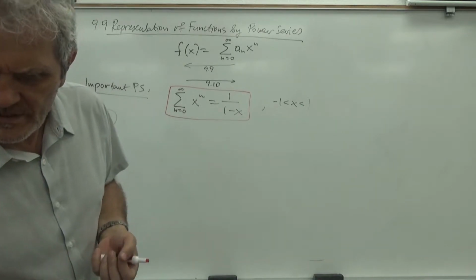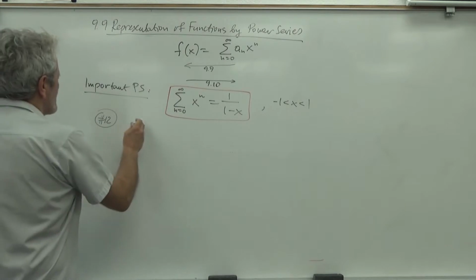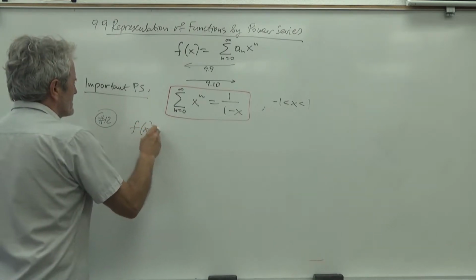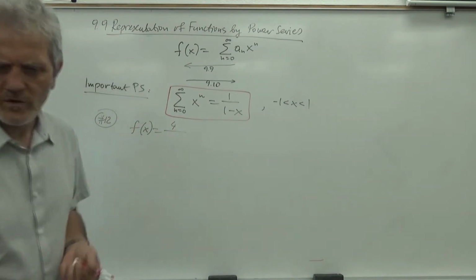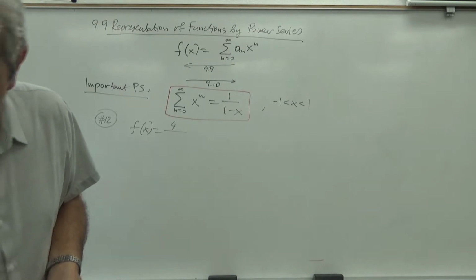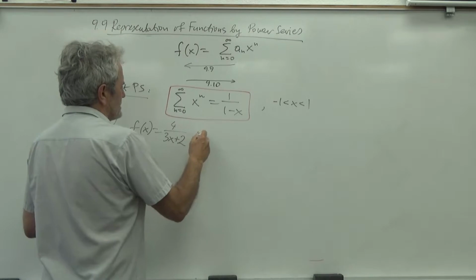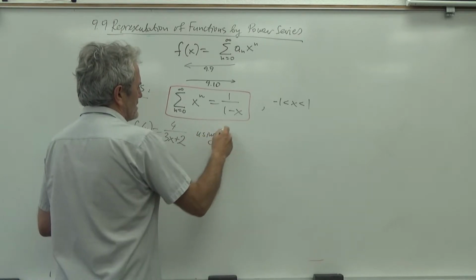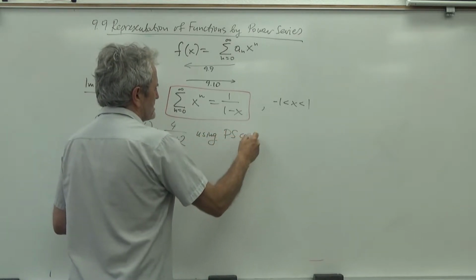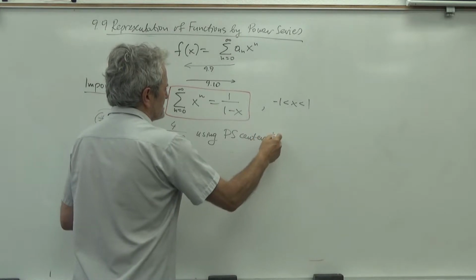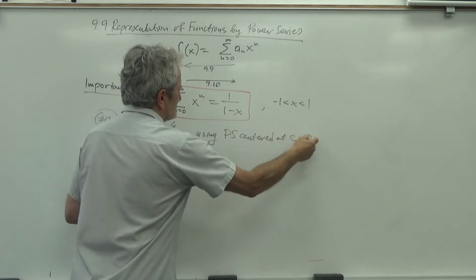It says represent f of x equals 4 over 3x plus 2 using power series centered at c equals 2.